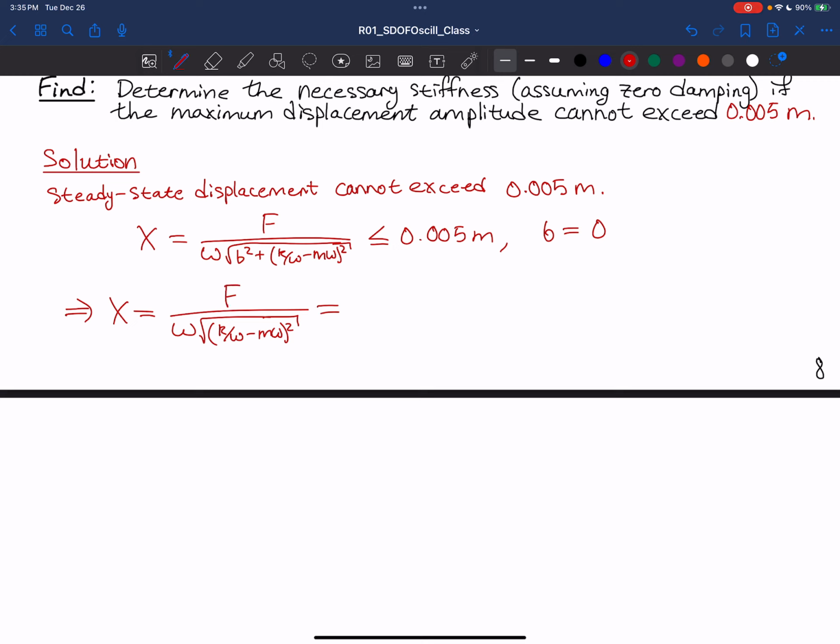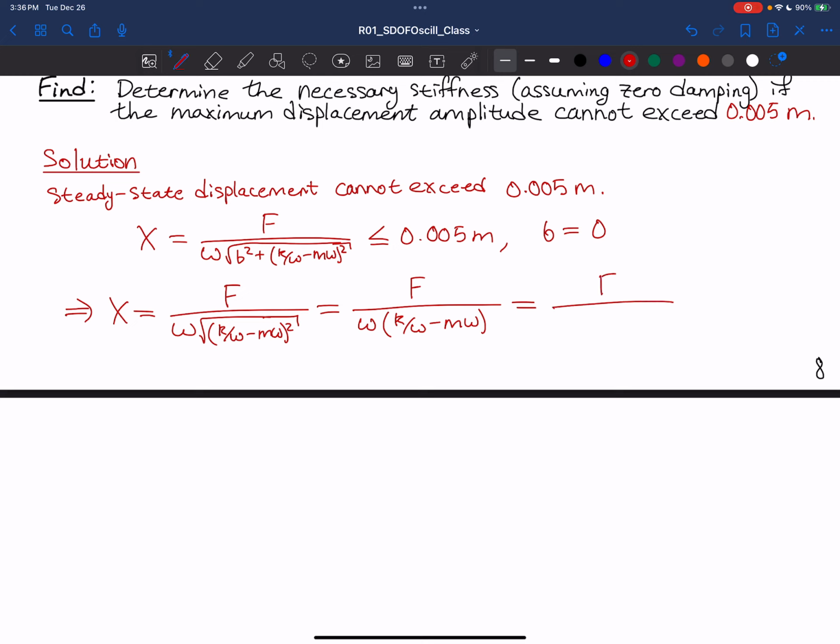which then is equal to, we're going to end up canceling out that square root, so we'll get F divided by omega times the quantity K divided by omega minus m omega. We're bringing that omega in, and we're going to get K minus m omega squared.